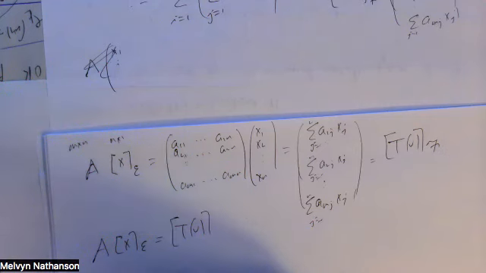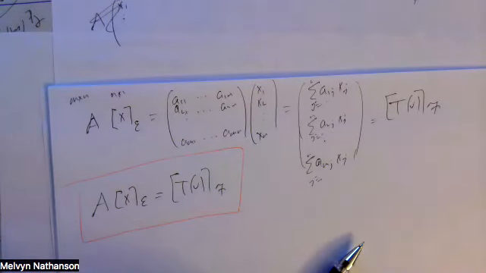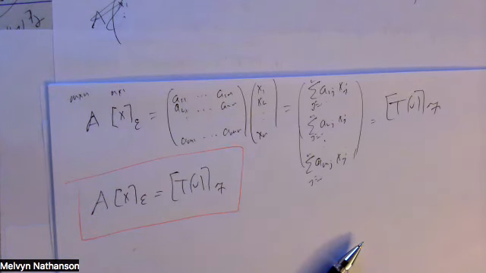This is the coordinate vector of T of V with respect to F. So this formula, if you understand what all the symbols mean, explains how you can represent a linear transformation by a matrix. You have a linear transformation on finite dimensional vector spaces. You fix bases E and F for the vector spaces.